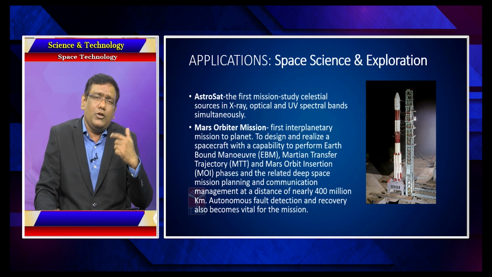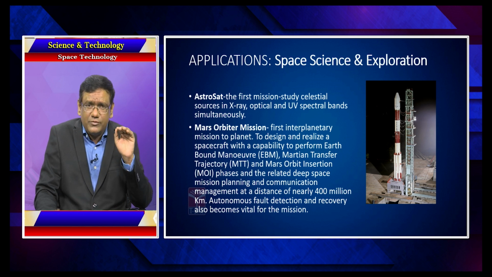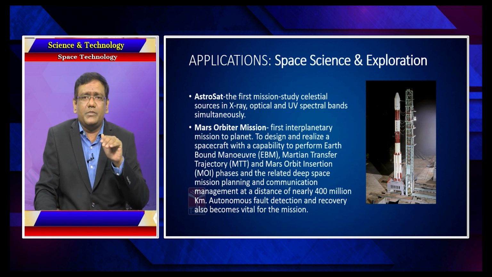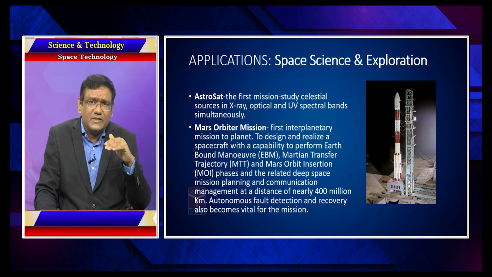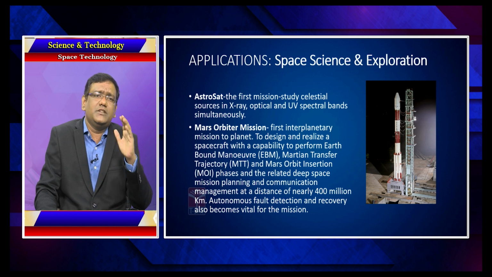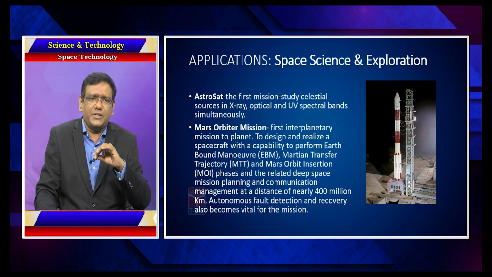Once you go out of the influence of the Earth's orbit, then it enters into the Martian transfer trajectory and then the Mars orbit insertion. This is how to insert a satellite into the Martian orbit. These are the things that are performed in this MOM mission.